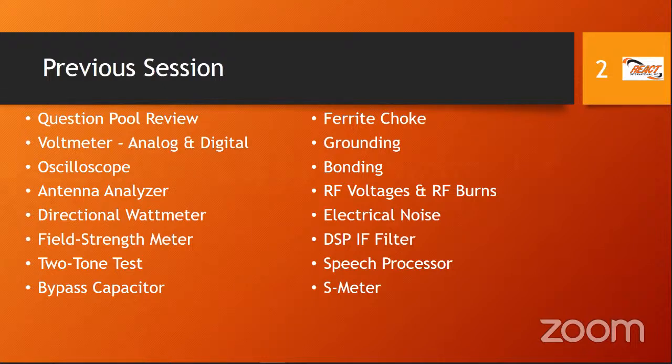We also looked at the bypass capacitor, ferrite choke, what grounding and bonding are, RF voltages and RF burns. We also discussed electrical noise, what the DSP IF filter, as well as the speech processor and the S meter are.